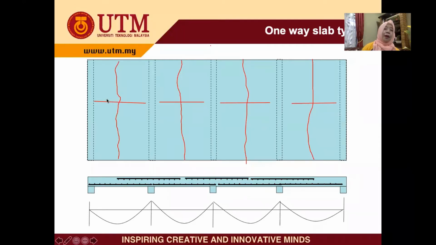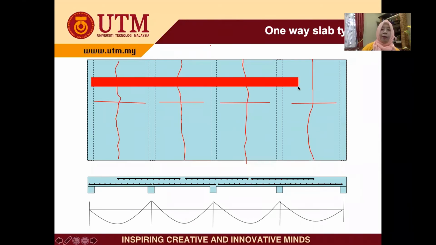Therefore, we need to design it straight from here to here, because this is a continuous slab. This panel is continuous with this panel, and this panel is continuous with this panel.